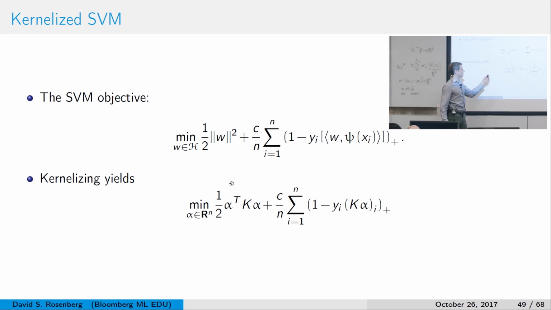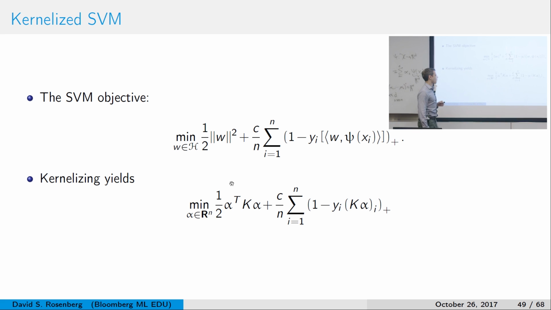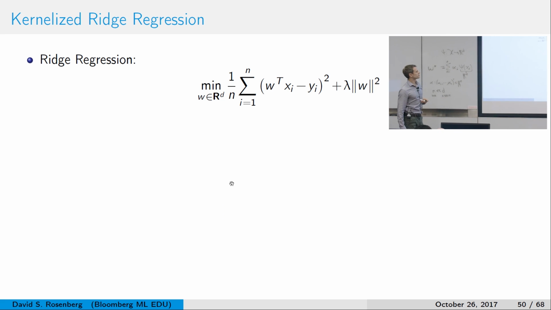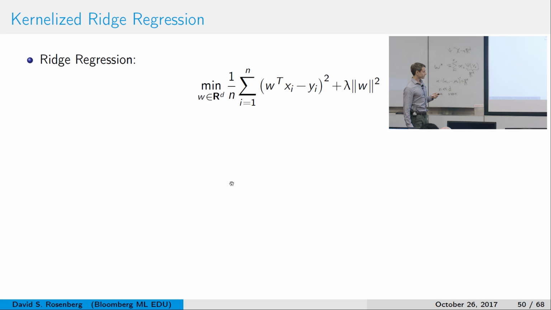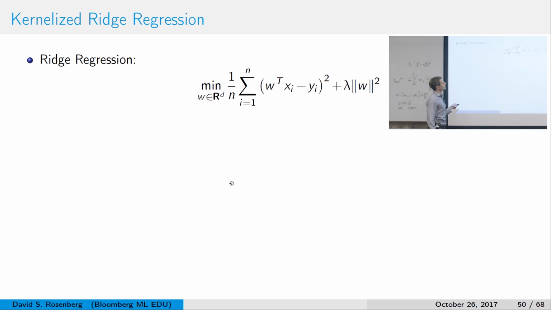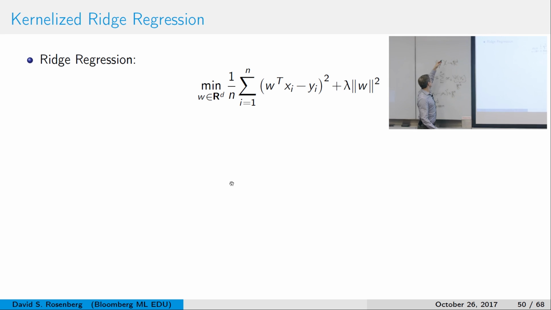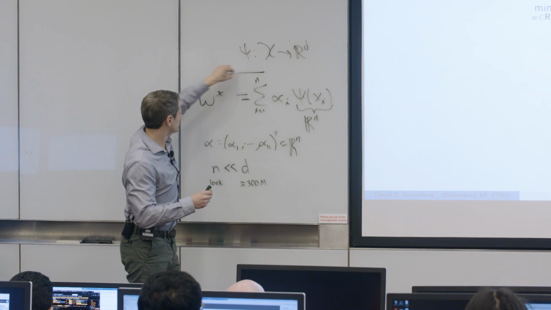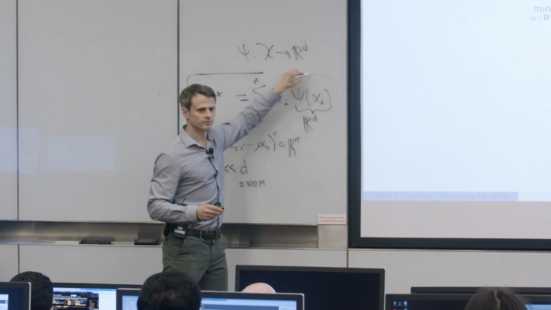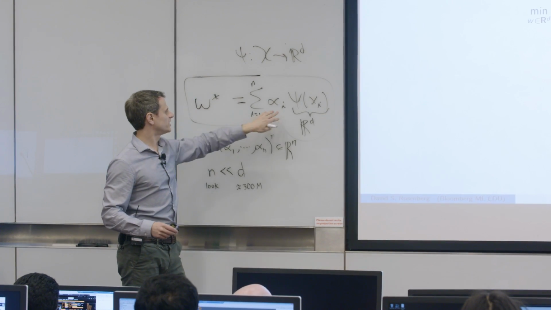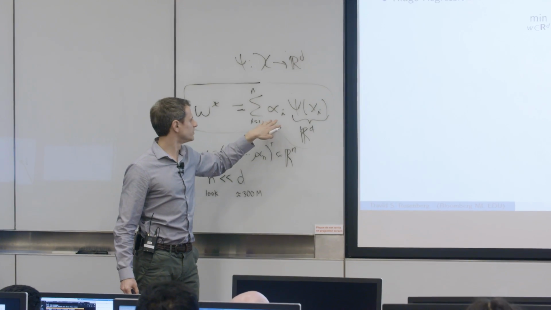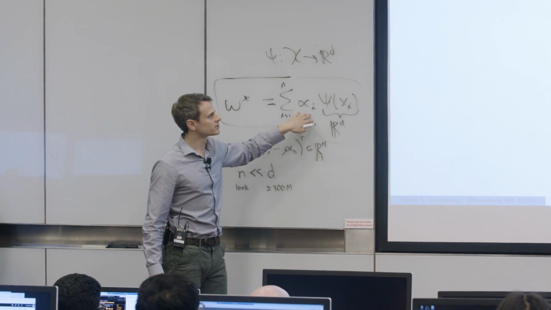So for SVM, you put in the K's, and it looks like this. For ridge regression, if you want to go directly, the method is pretty straightforward. You take W and substitute in this expression, so every W gets replaced by this linear combination in terms of alphas.